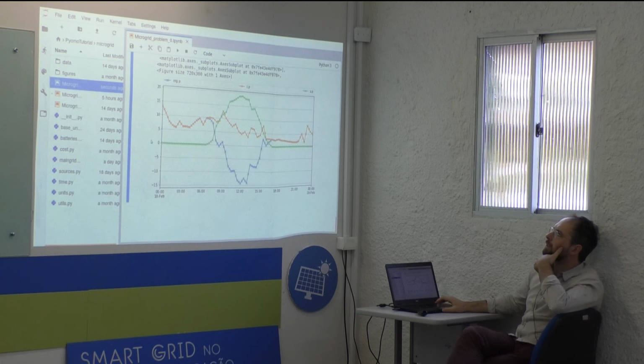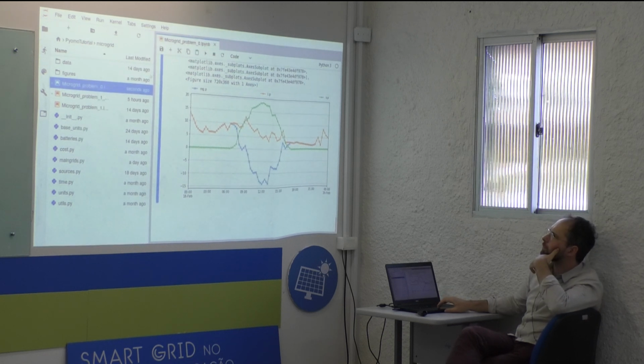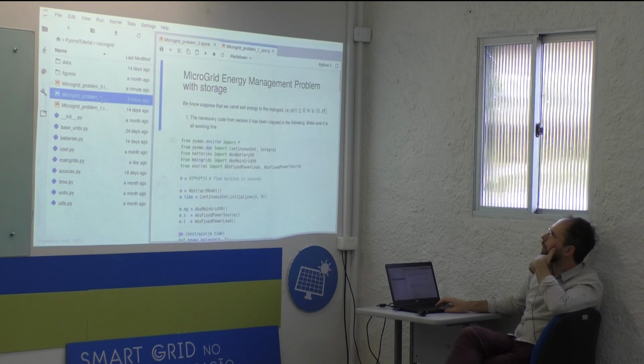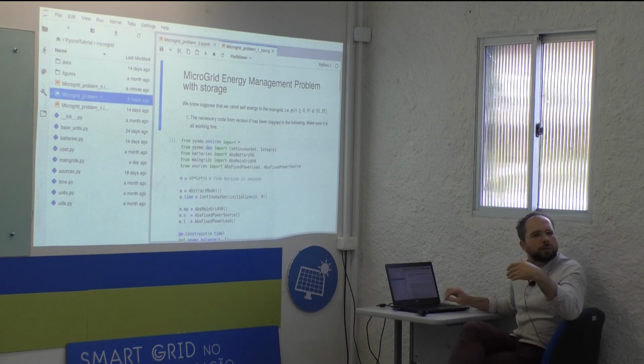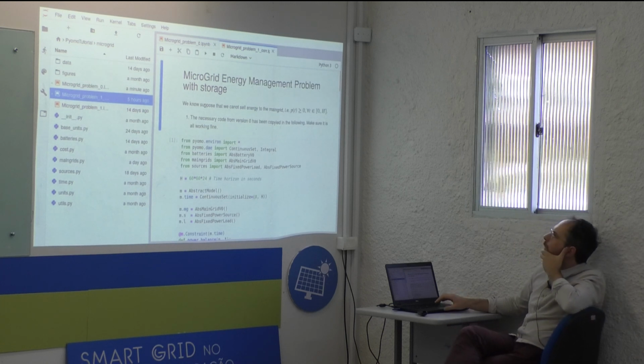So I created another problem to make it a little bit more complicated. Okay. So we now suppose that we cannot sell energy to the grid. Okay. We cannot sell energy to the grid.